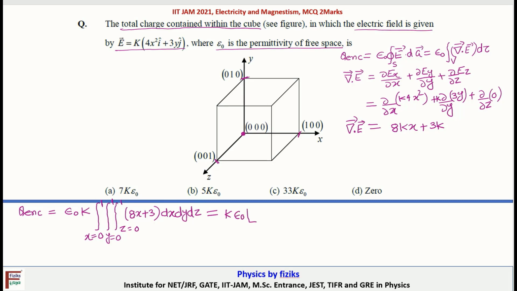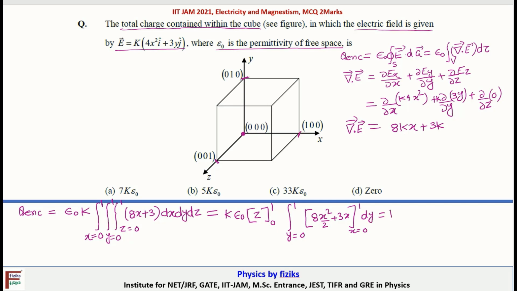If we integrate with respect to z, the limit will be 0 to 1, you will get z only. And let's integrate with respect to x. So that will give you 8x squared by 2 plus 3x, and the limit of x will be 0 to 1, dy.